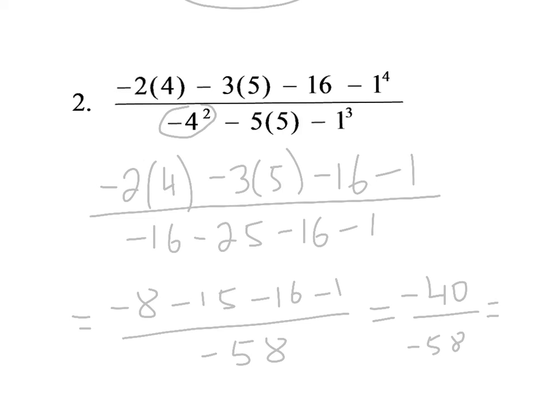You could divide by 2, so that would be 20 over 29. Okay, so the final answer would be 20 over 29. Okay, I'm going to put the final answer here. 20 divided by 29. Okay?